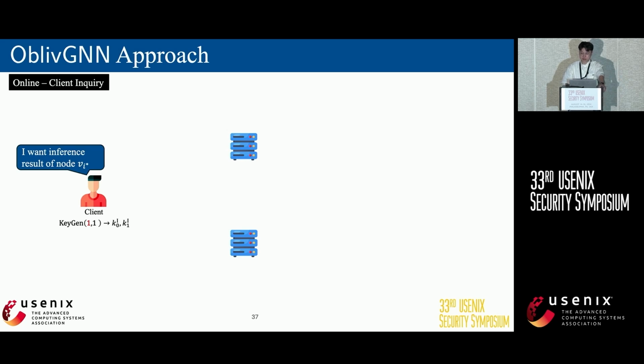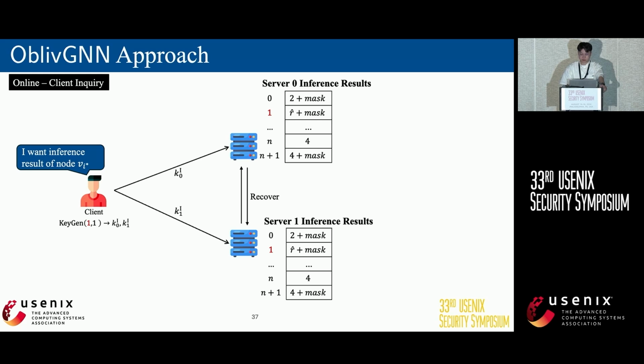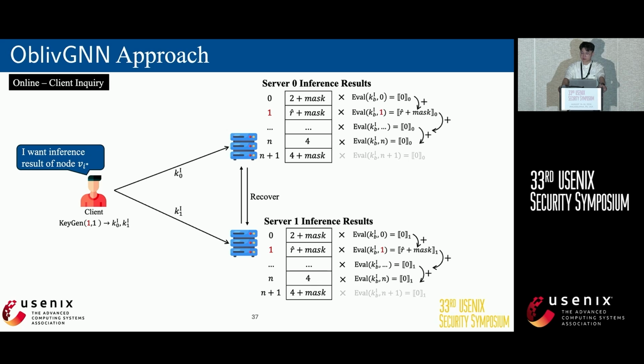Last but not least, the client can retrieve the inference result by submitting its query DPF keys. Two servers will be performing a linear scan for each node and returning the client with the masked result in shares. For example, the user queried node 1's label. He first generates the DPF keys, and each server evaluates the DPF keys for all nodes.